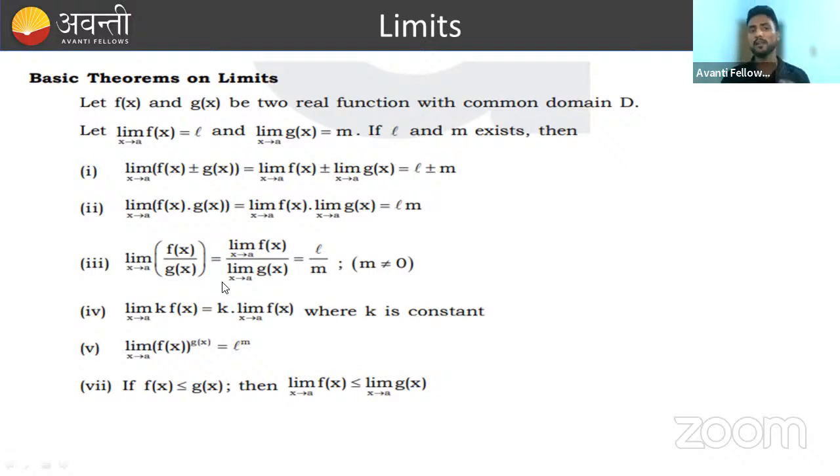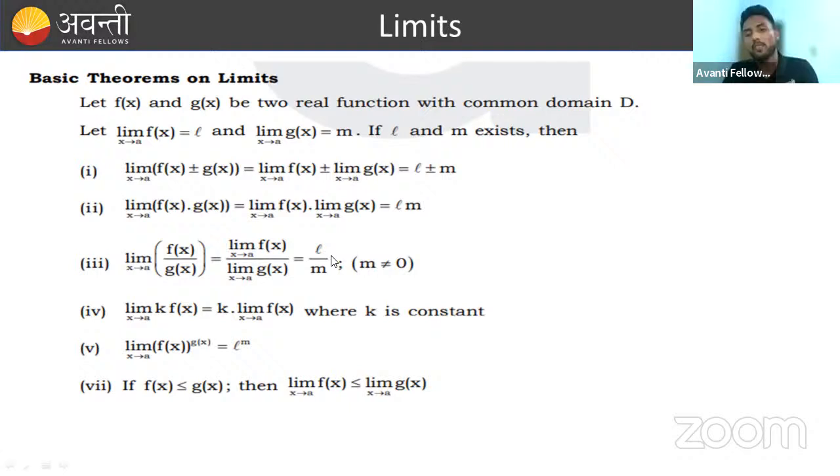If it is a product, then also you can do the same, this is basic algebra that you already know, right? Suppose there is a constant k into f of x, you can just take k out of the limit. You can simply solve the limit of f of x like that. You can see that these are the properties that we have discussed, so no need to discuss them further.